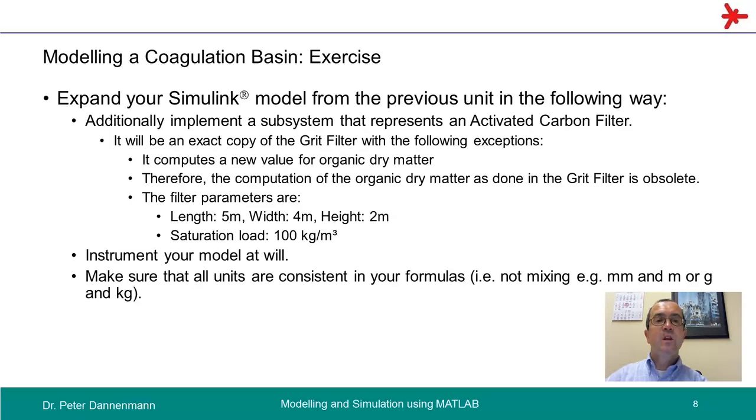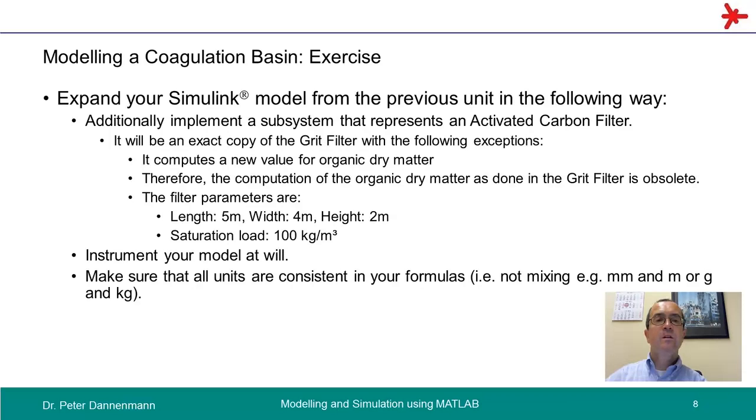Additionally, implement a subsystem that represents an activated carbon filter. It will be an exact copy of the grid filter with only a few exceptions. The activated carbon filter will filter out organic dry matter, thus computing the new value of this parameter.